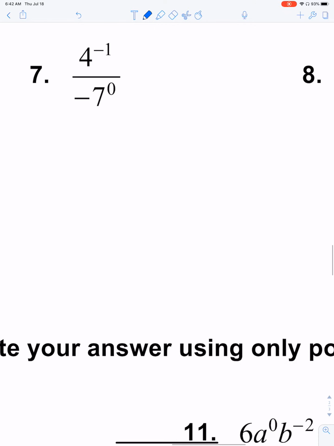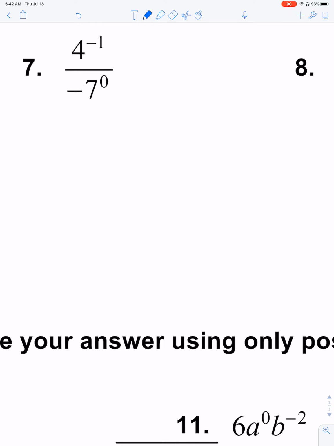Number 7. Again, I'm getting rid of that anything to the 0 power because it's just easier. So 4 to the negative 1, I want to keep. Negative 7 to the 0 power. So 7 to the 0 power I know is 1, but don't forget about this negative out in front.